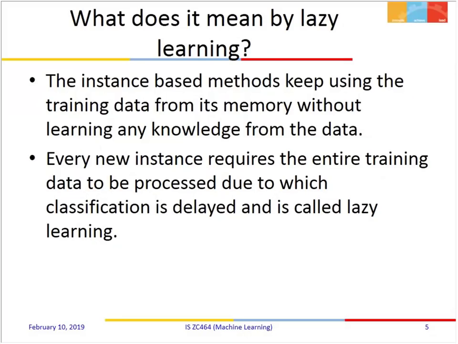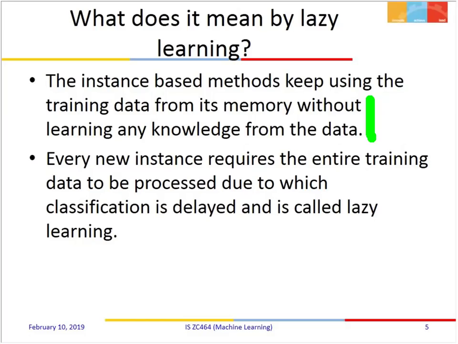Right, so you have understood what it means by lazy. The instance-based methods keep using the training data from its memory without learning any knowledge from the data, right? So it doesn't learn from the knowledge. It keeps using the raw knowledge which is available to it in the form of the observations, which we are calling training data.